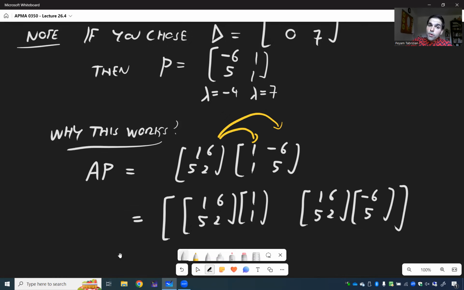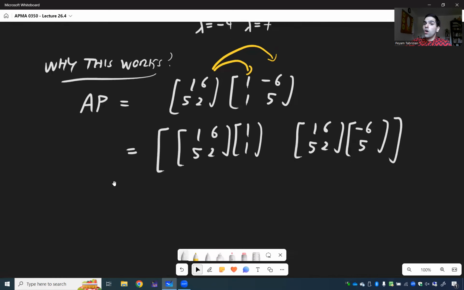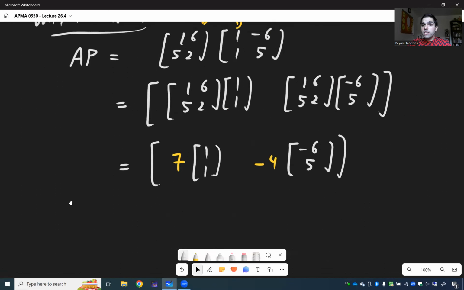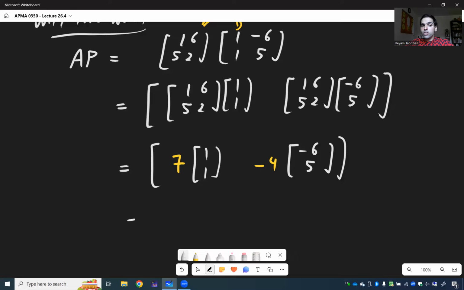And now remember, those are not random vectors, but eigenvectors. So that's 7 times 1, 1, and then -4 times -6, 5. And once again, from linear algebra, if you multiply two columns of a matrix, it's like multiplying by a diagonal matrix to the right.